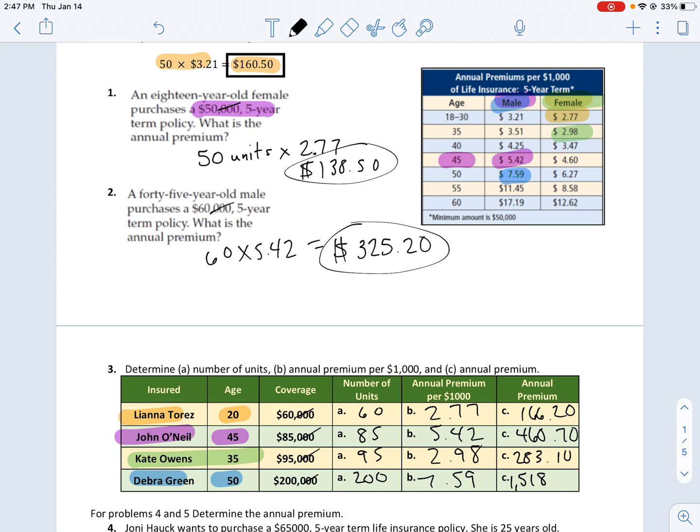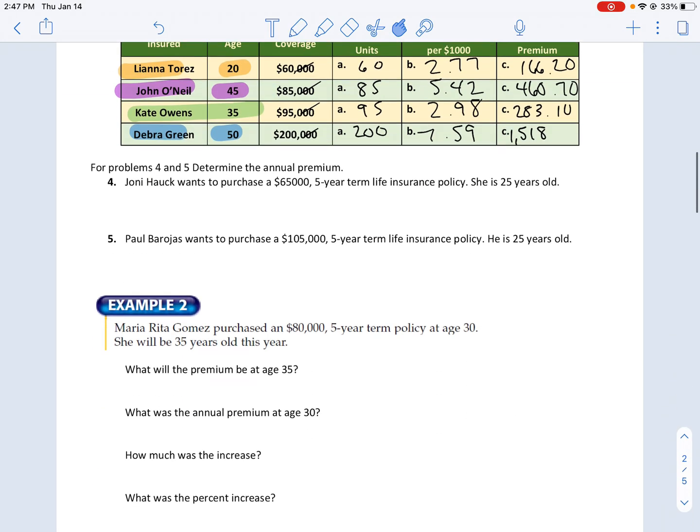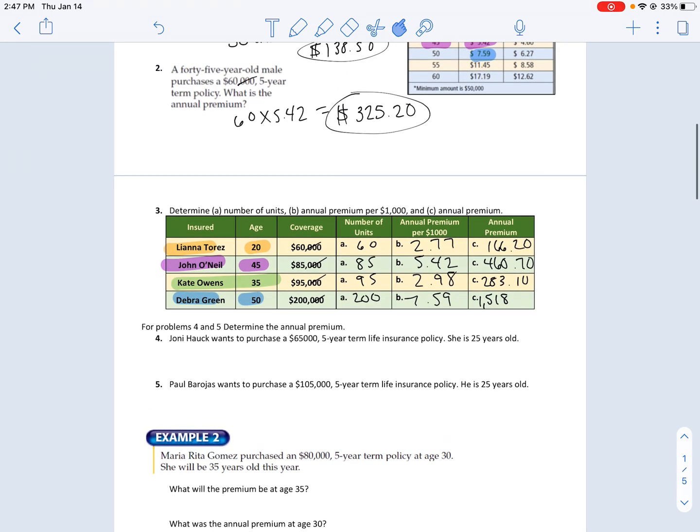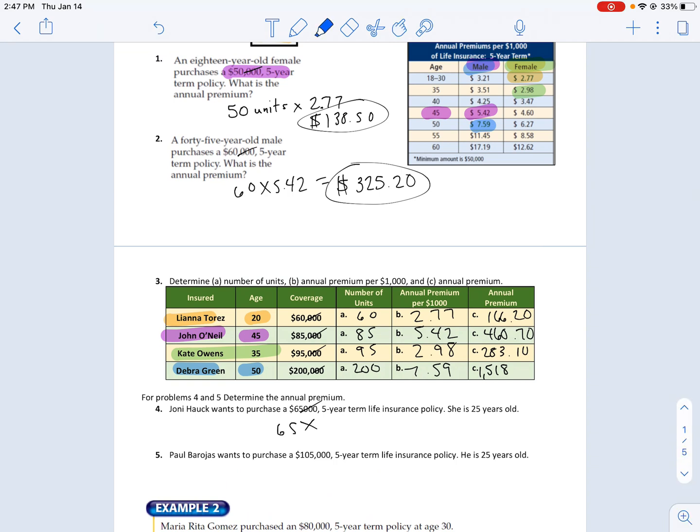Okay. Let's keep on moving. So, again, just keep it going. Joni, purchasing 65 units. She's 25 and female. Female 25, so 277. 65 times 277, $180.05.